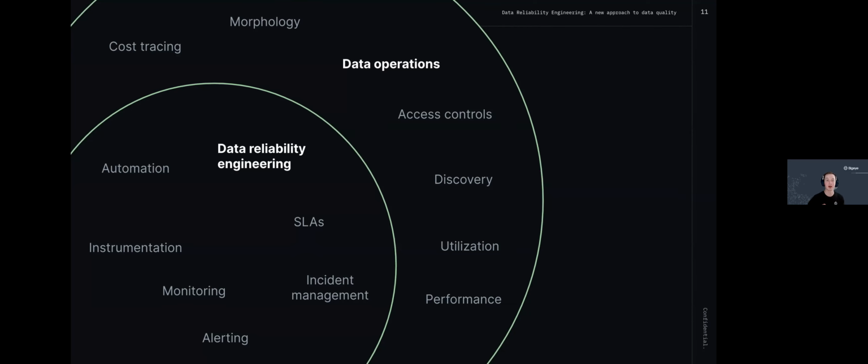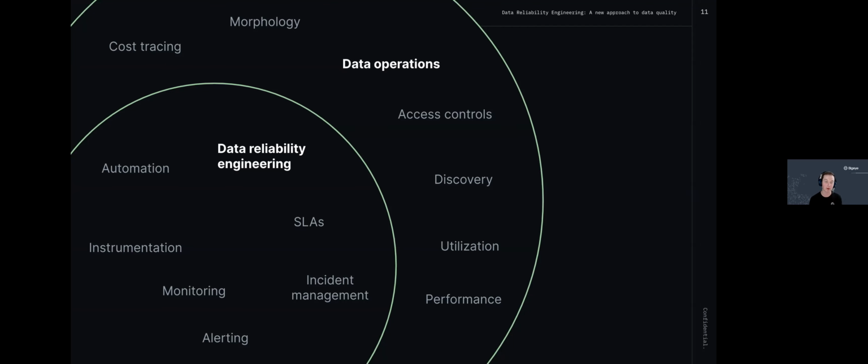Data ops talks about all of the processes and tools necessary in order for you to operate efficiently as a data team. So everything from tracking costs and doing chargebacks, doing access controls, understanding where your data lives, who should access it, who understands it best. Do you have examples?